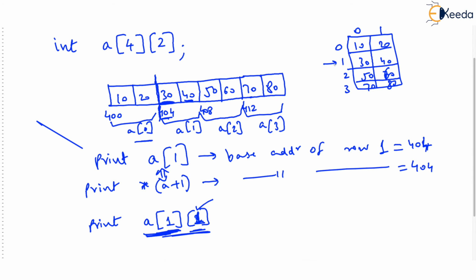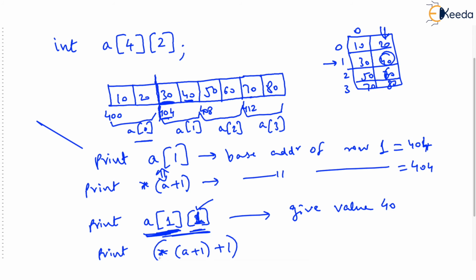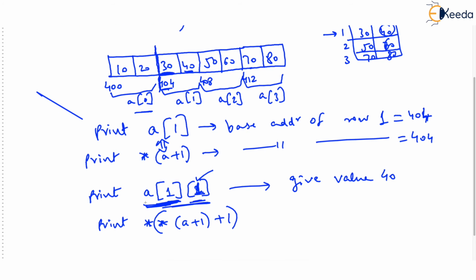We are talking about first row and first column, so that is 40, this element. So you know this is going to give value 40. But this is same as saying, now we are really challenging ourselves here, asterisk, just check this, asterisk (A plus 1) and the whole asterisk. Just dig into this. Now what is this asterisk A plus 1? First of all, solve it part by part, you will understand. What is this?